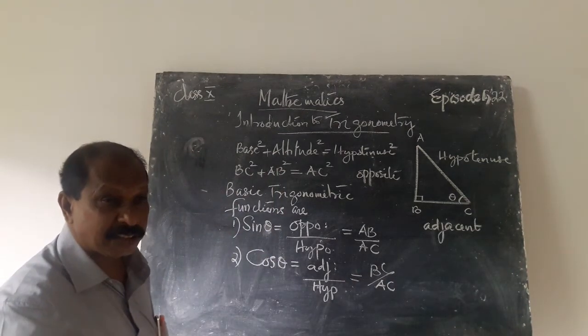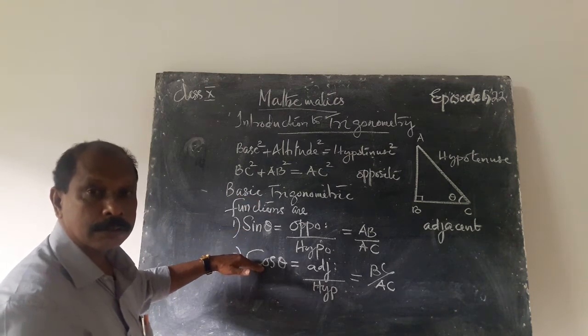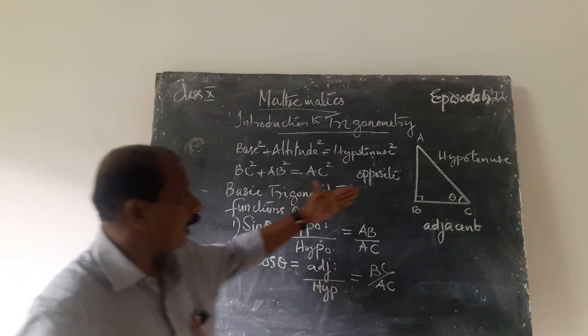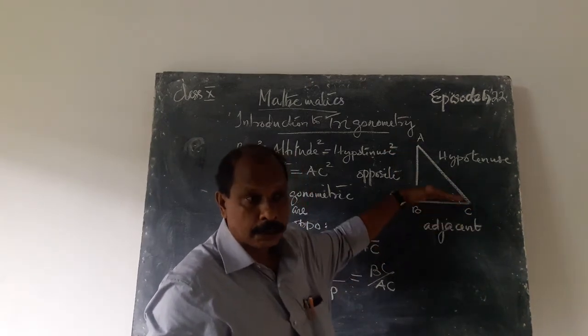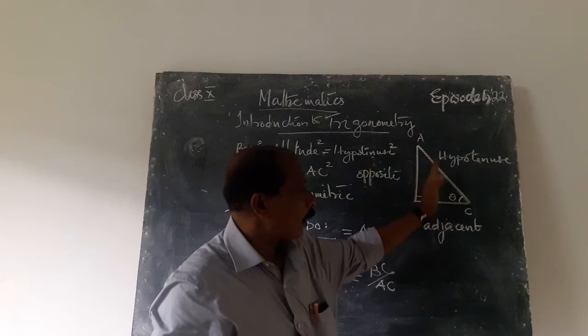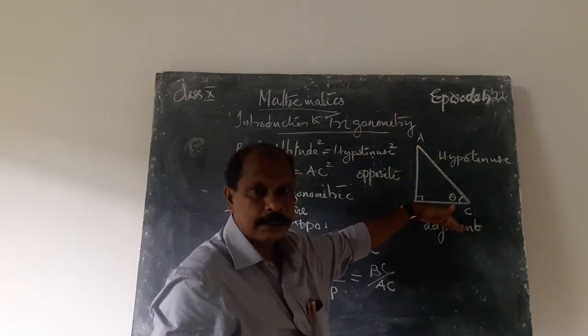Then the third one is the relation between these two, sine and cos. That means the inclination of this hypotenuse is based on the angle with the horizontal. When the angle increases, the opposite side increases and the adjacent side decreases.